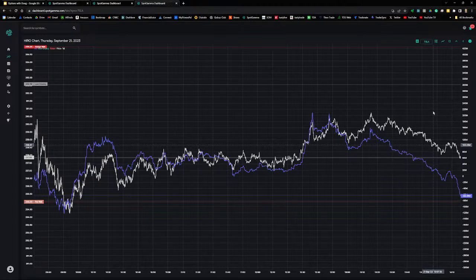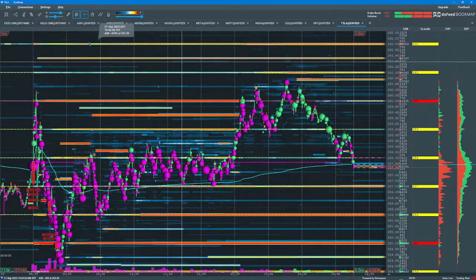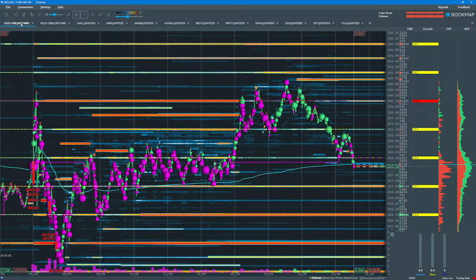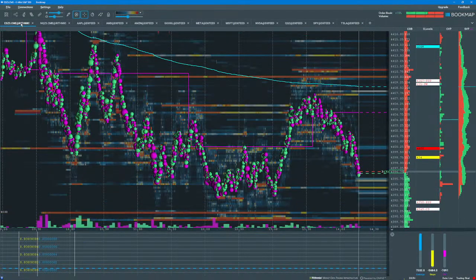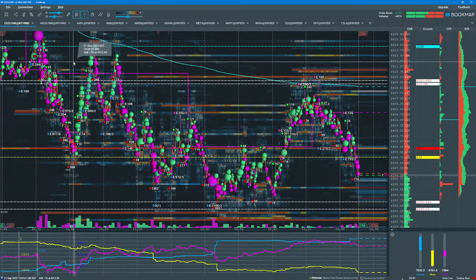HL Aquarius asks, is Bookmap on Thinkorswim the same quality? I assume you mean versus the standalone version of Bookmap that I'm looking at. If that's your question, the answer is no. The Thinkorswim version of Bookmap is an older version that has limited features.